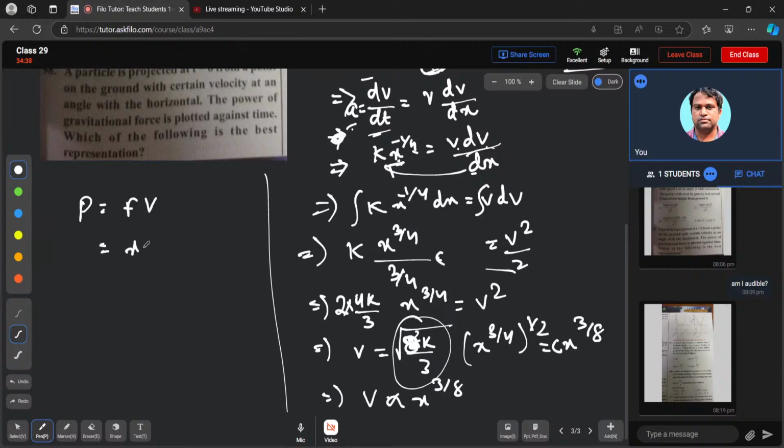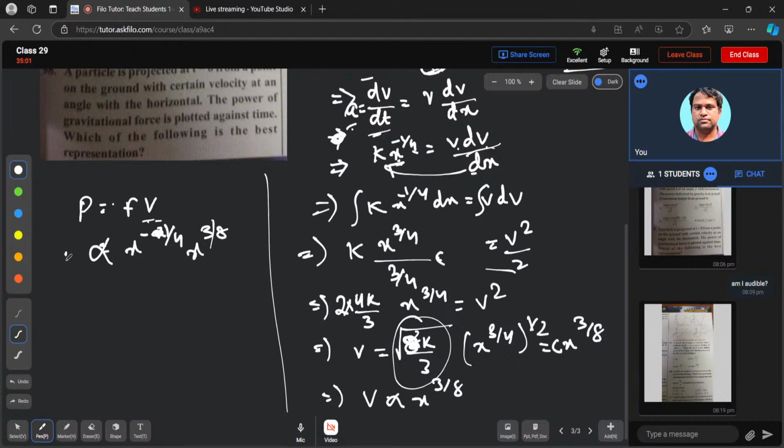Yes, sir. So power is F v, so F is proportional to x to the power minus 1 by 4, if I write in proportionality with some constant, and v is proportional to x to the power 3 by 8.